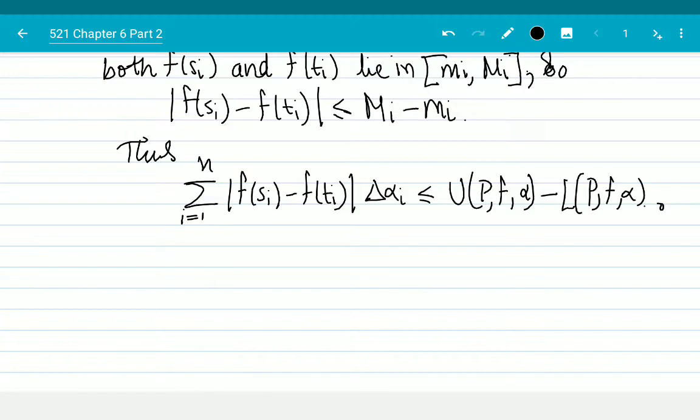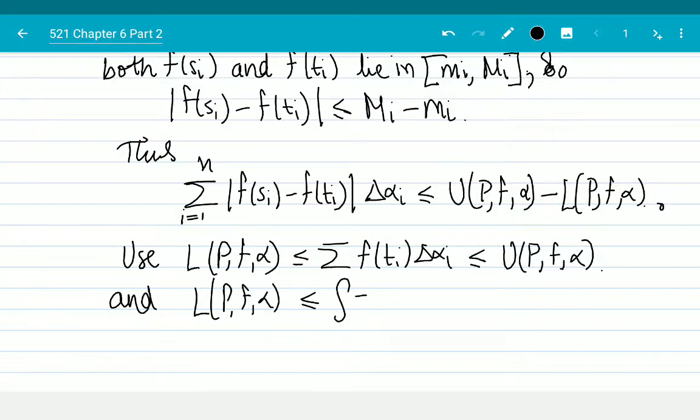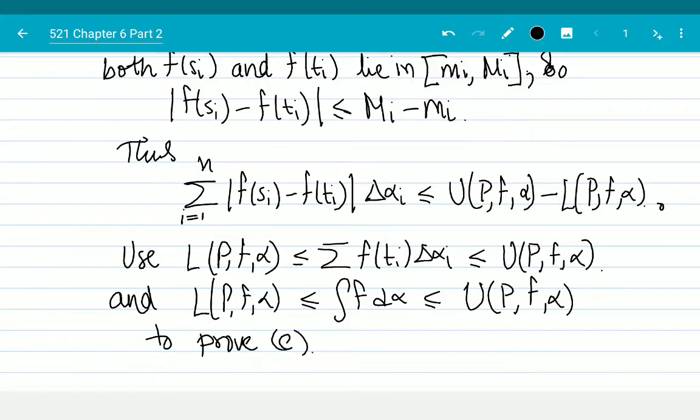Now, use the inequalities that L(P, f, alpha) is smaller than or equal to the summation f(ti) delta alpha i, which is smaller than or equal to U(P, f, alpha), and the fact that L(P, f, alpha) is smaller than or equal to the integral f d alpha, smaller than or equal to U(P, f, alpha), to prove C. Right?